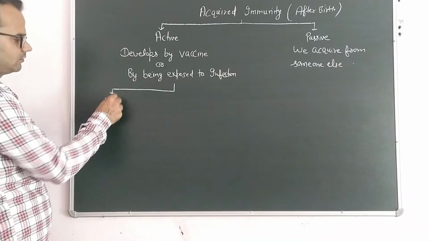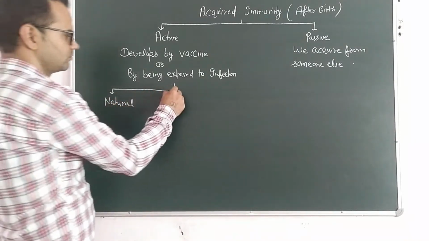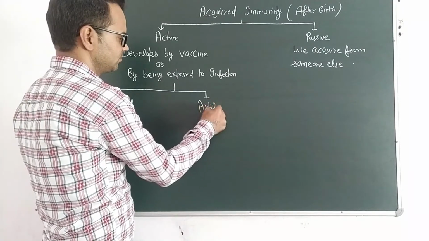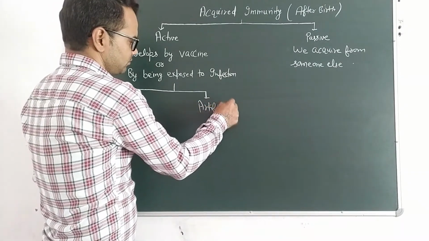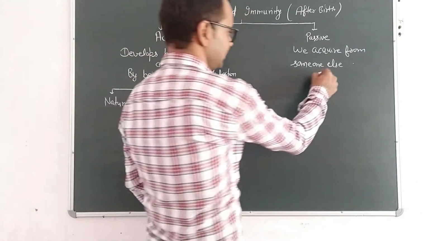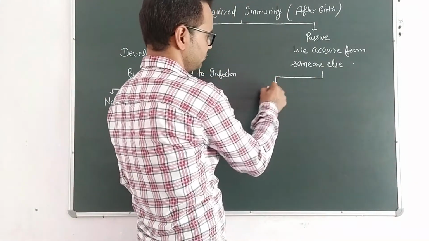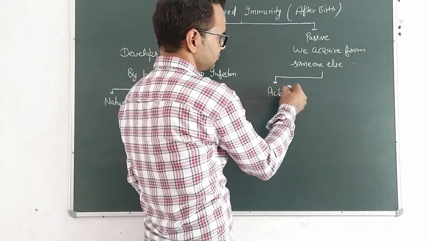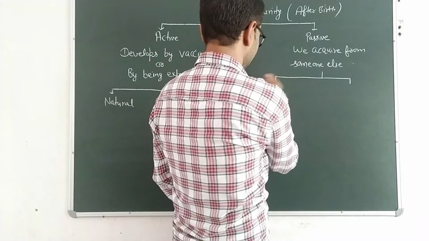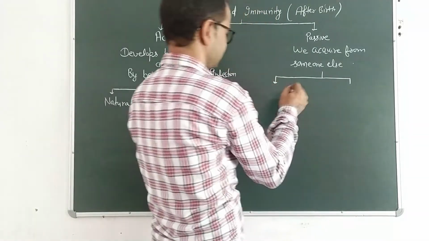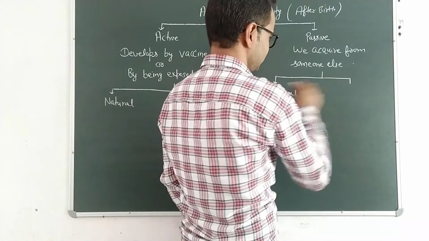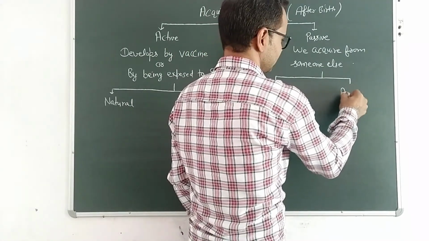First is natural, and the opposite of it is artificial. In a similar way, passive is further divided into natural and artificial.